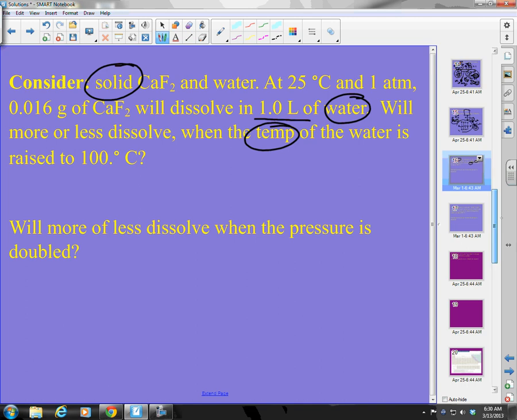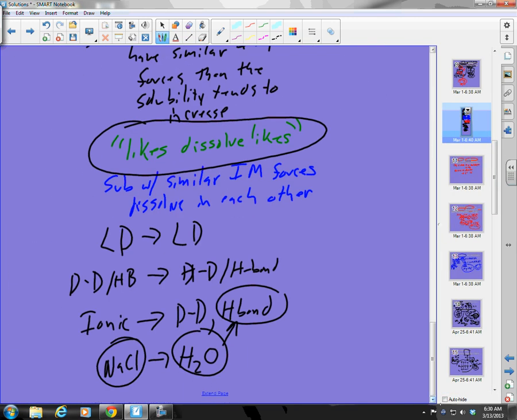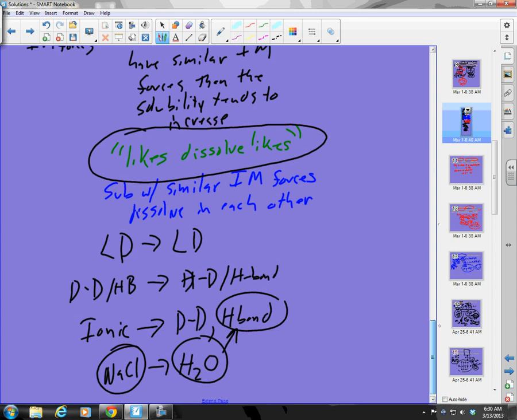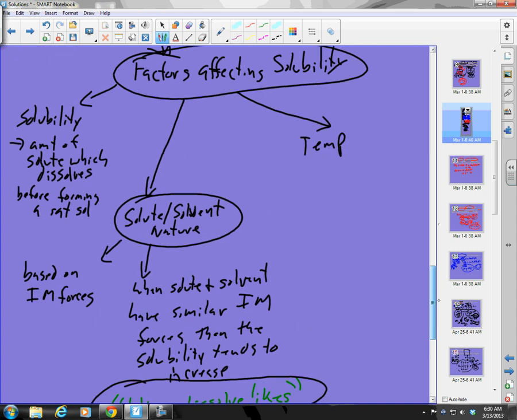All right, let's go back to our notes. Here are our notes. Let's go way down here, and we want to look at another effect. And this is going to be the effect of temp. And here is our general rule.